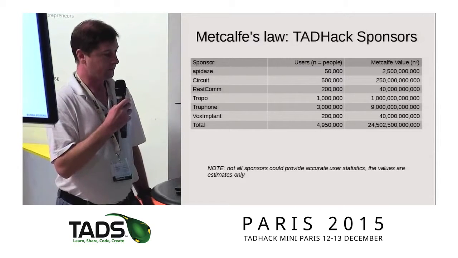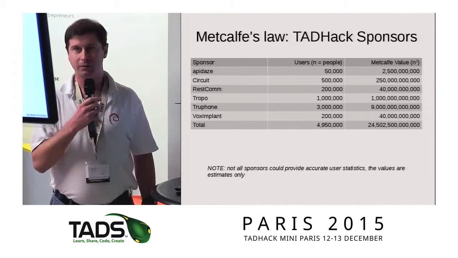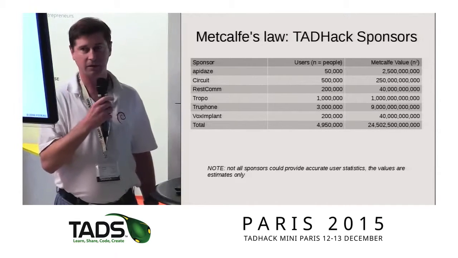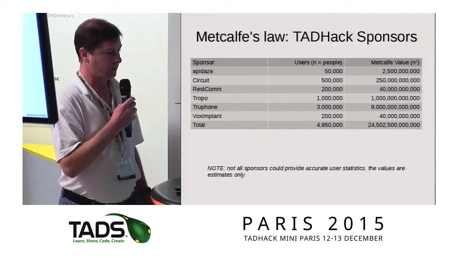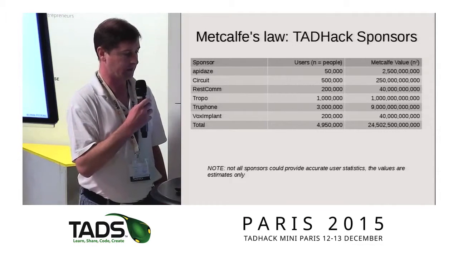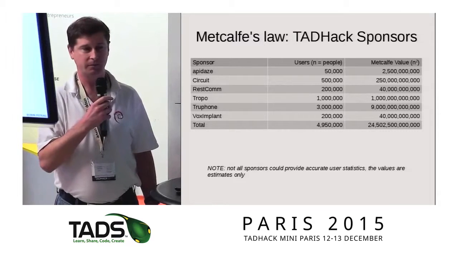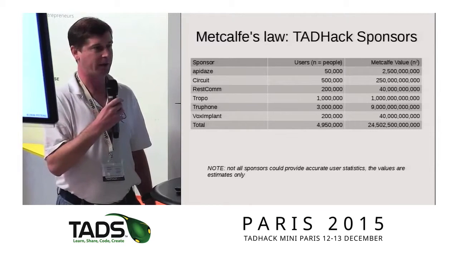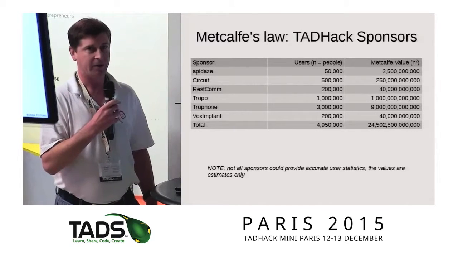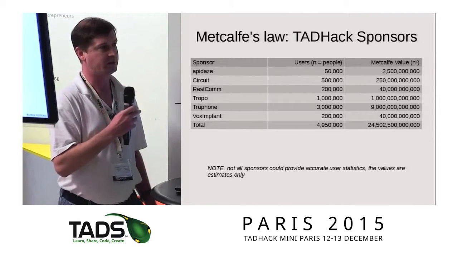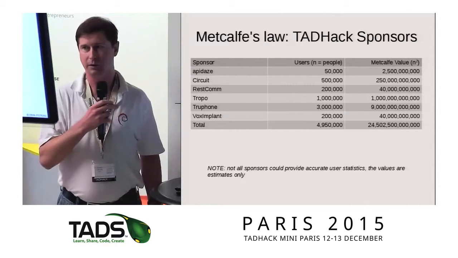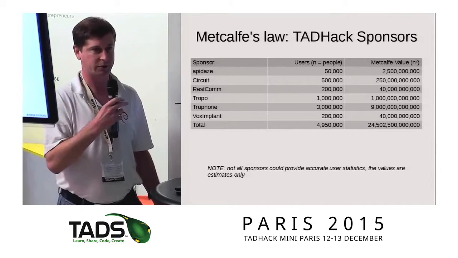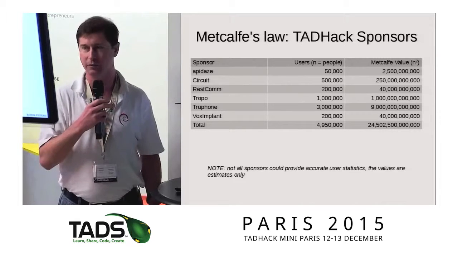But if all those networks were to work together and use a single standard to federate, then the combined value of that solution would be 24 billion. More than double the value of TruePhone on their own. So that's the power of Metcalfe's law. Another interesting fact about this is that as you add value, you're taking value away from other solutions like Skype. And the more value we have with a solution like WebRTC, the more we take away from other solutions.